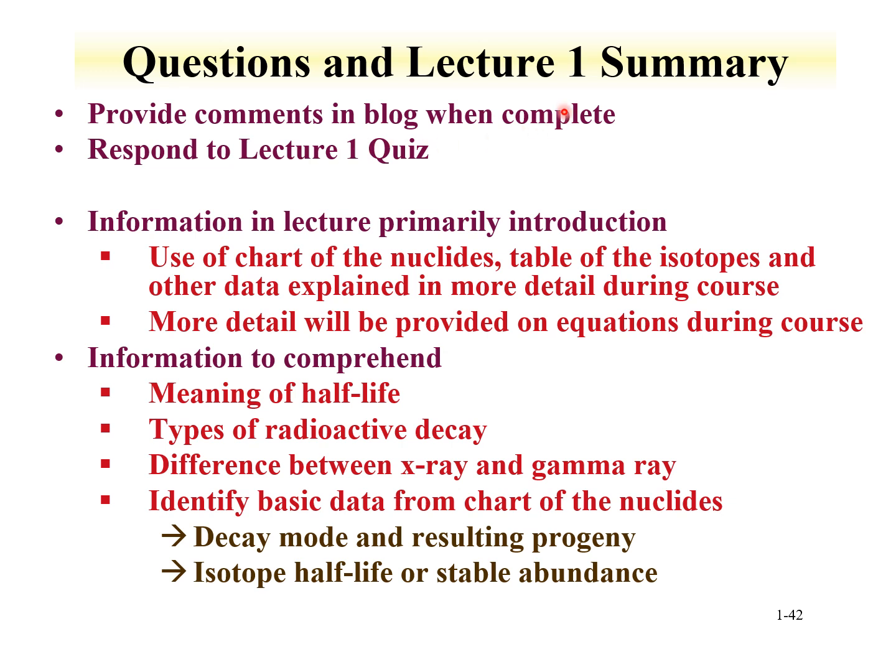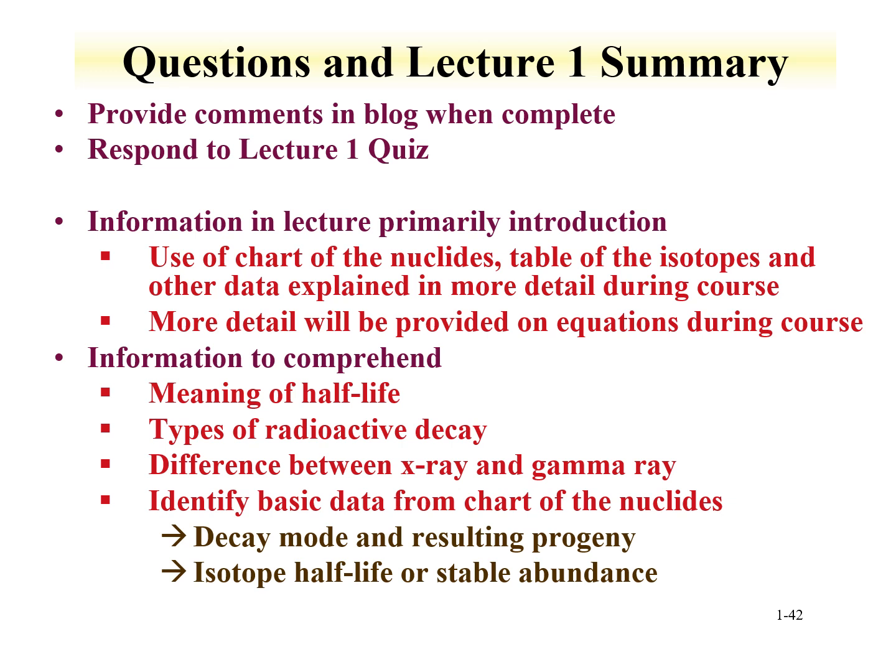The information was primarily introductory for this lecture. We discussed data sources, including chart of the nuclides, table of the isotopes, and the isotope browser. As we explore more topics in the course, we will use the information in these data tables in equations related to radiochemistry.